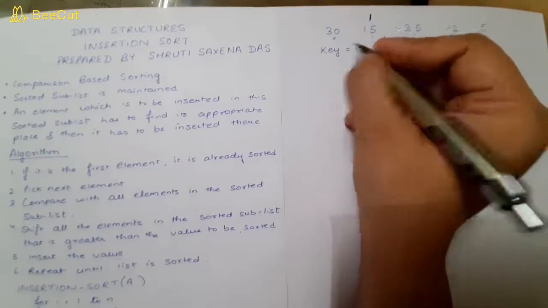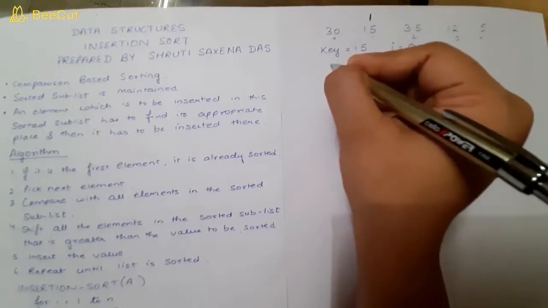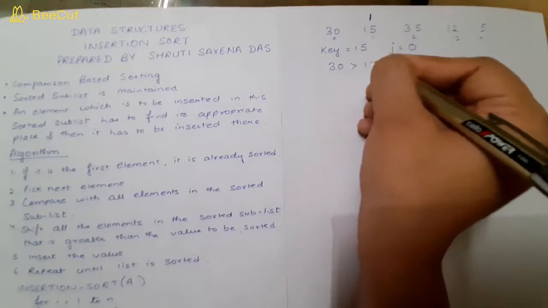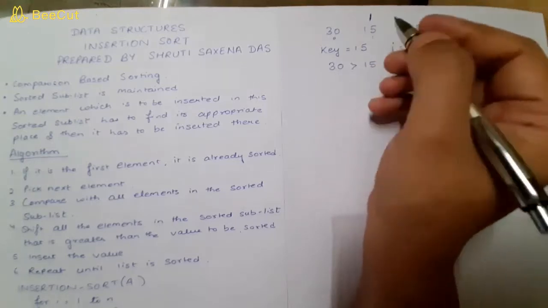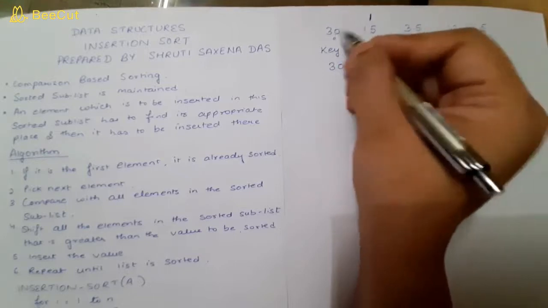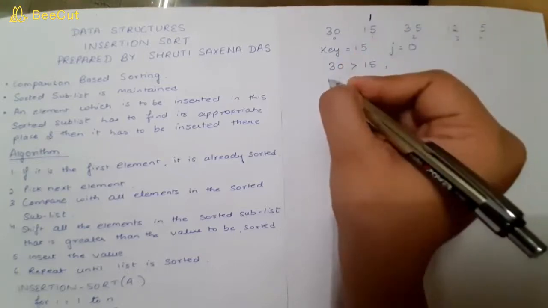Key is 15, a[j] is 30. If a[j], which is 30, is greater than 15, then in a[j+1], that means here, a[j] is coming. What is a[j]? a[j] is 30. So what is happening?